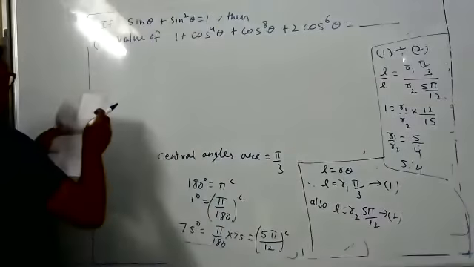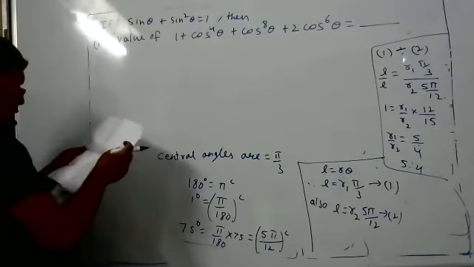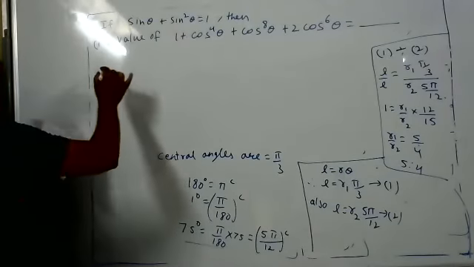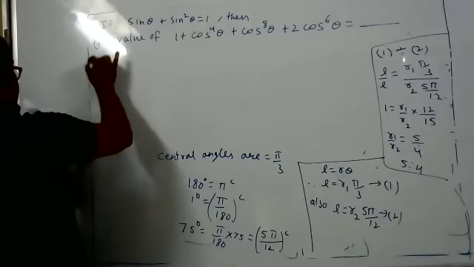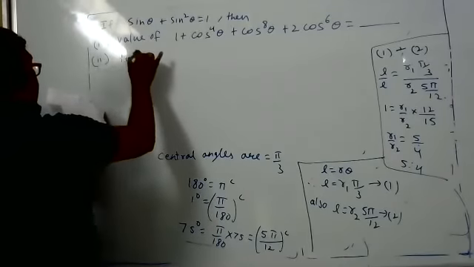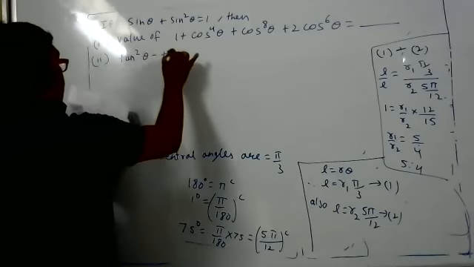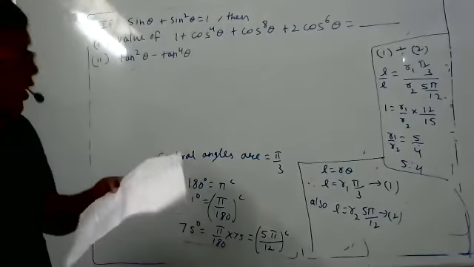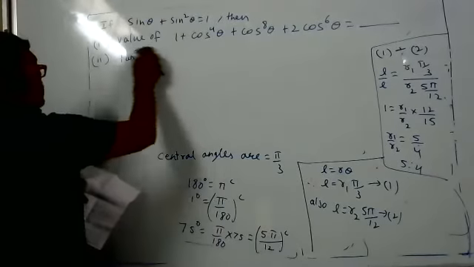I don't know the answers, leave it. You only find. Second part, same only: tan square theta minus tan to power 4 theta. I'll give the options so that you can do.